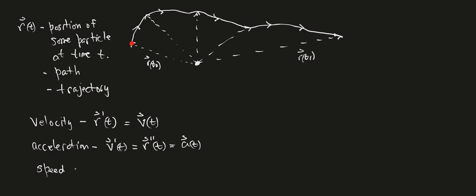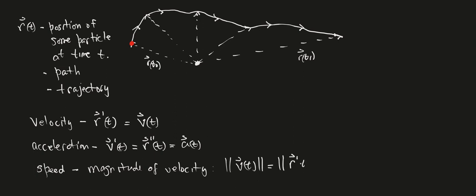The speed is the magnitude of velocity. The velocity vector has both a magnitude and a direction, and its magnitude is what we define as the speed. I'll write it both ways, with the v notation and the r prime notation.